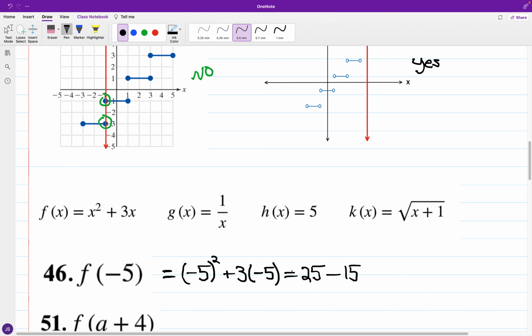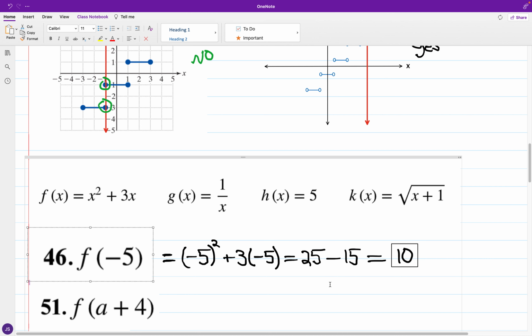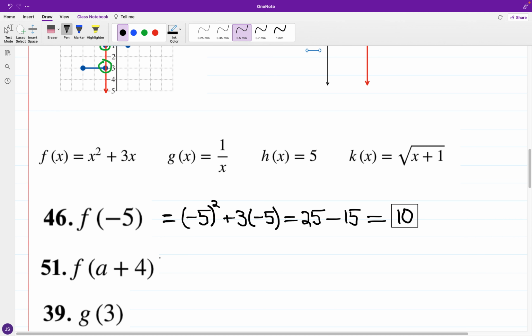So again, we have 25 minus 15, and for this outcome we have -5, 10. If I had a graph of this quadratic function, -5, 10 would be a point on the graph.